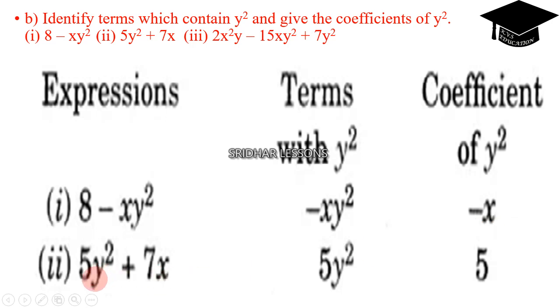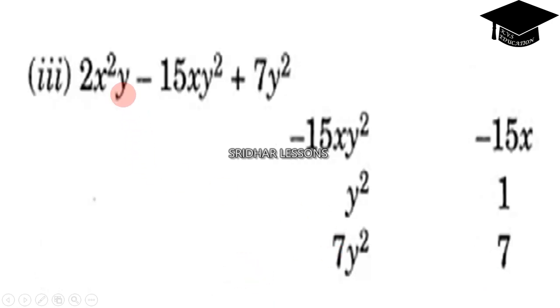Okay. Second question, 5y square plus 7x. We have to identify the term associated with y square. So it is 5y square, and the coefficient associated with y square is 5. Question number 3, 2x square y minus 5xy square plus 7y square. We have to identify the terms associated with y square.